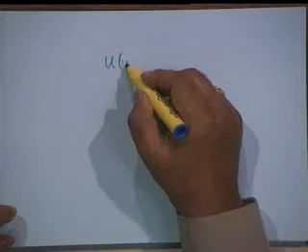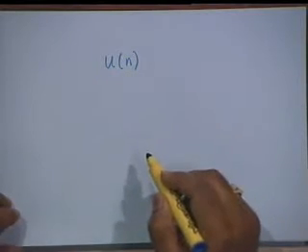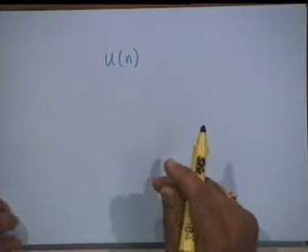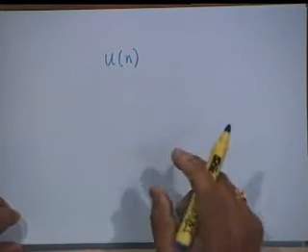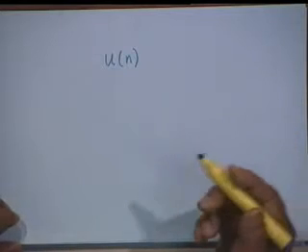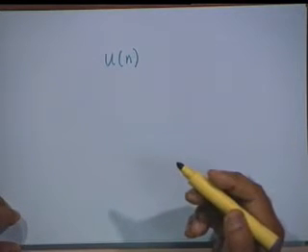There are sequences which are neither absolutely summable nor square summable, but the Fourier transform does exist. For example, u of n. Is it absolutely summable? The sum goes to infinity, and 1 squared is 1, so the sum again goes to infinity. Agreed?